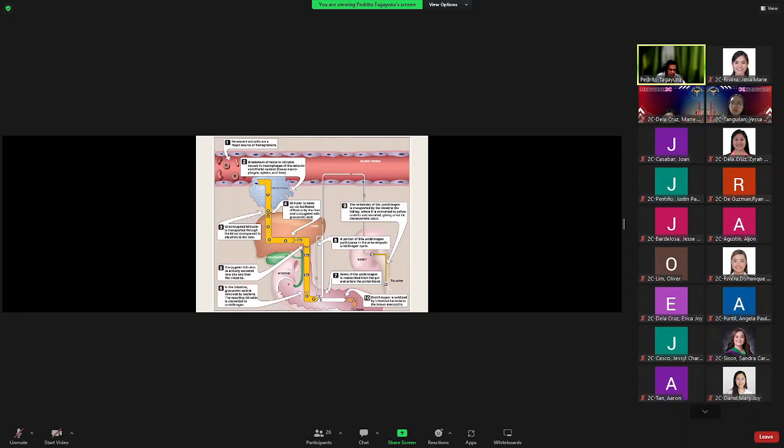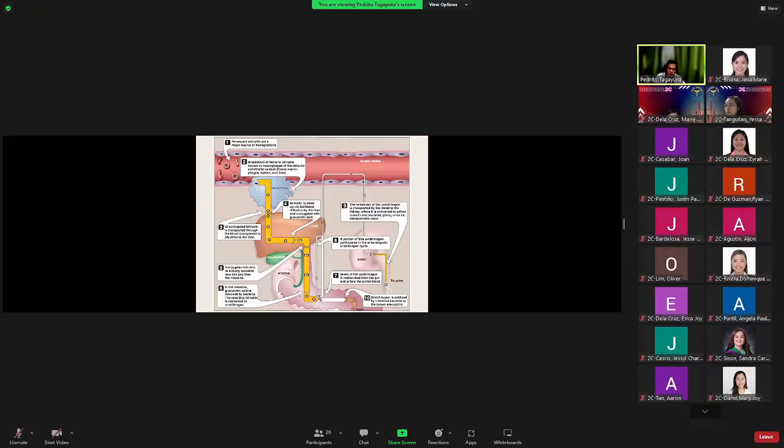Once in the intestine, it will be acted upon by bacteria, and the glucuronic acid is removed, resulting in bilirubin becoming urobilinogen. Please take note of the urobilinogen.